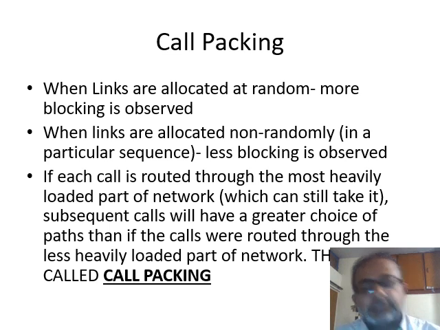It means that if a new call comes in, then the allocation of the trunk is not made like first it is given the first trunk, then seventh trunk, then fifth trunk, then 10th trunk. It's not like that. What we are trying to do is to maintain the sequence from 1 to 10.